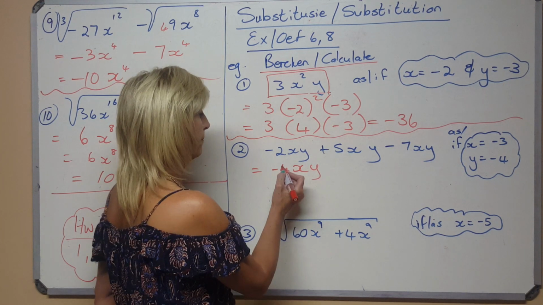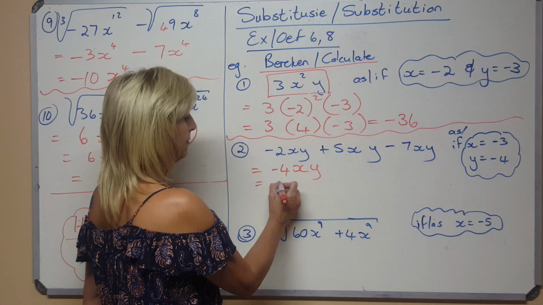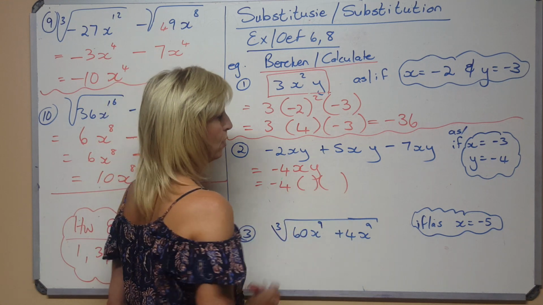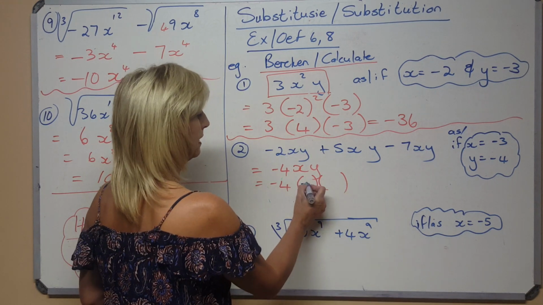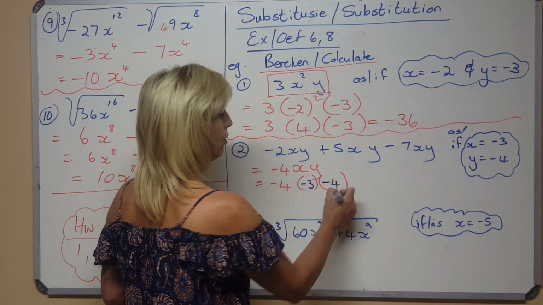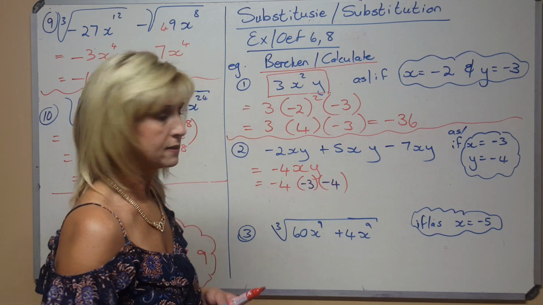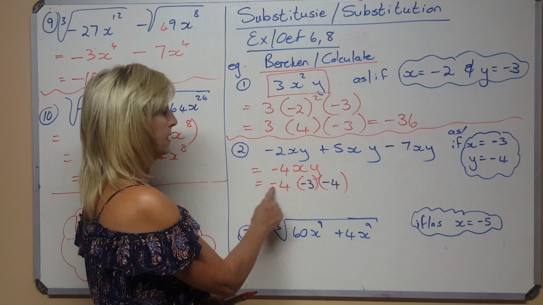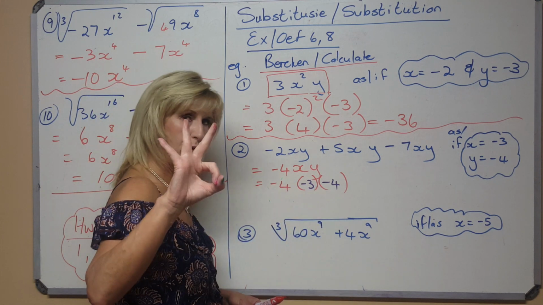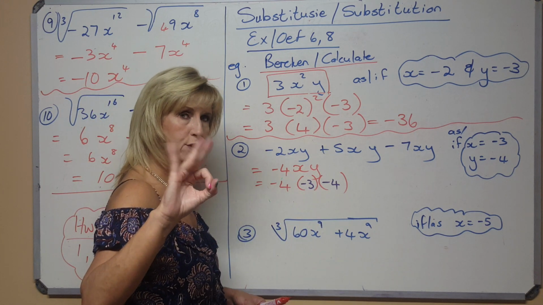Very important. So, if I did this, then I'm going to have minus 4 times x times y, and I'm substituting x with negative 3 and y with negative 4. Make sure you substitute with the right stuff. And then you can use a calculator again or your own brain and say a minus times a minus times a minus. There are 3 minuses. Every 2 gives you a plus.